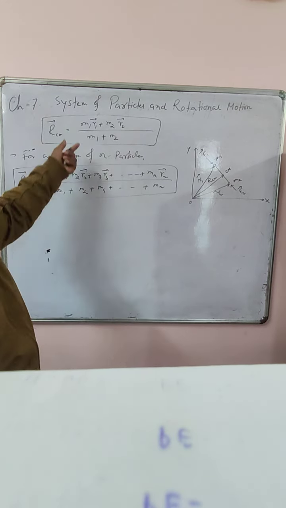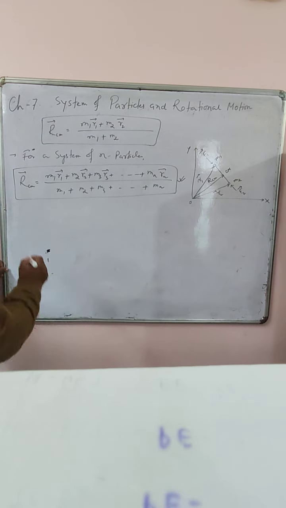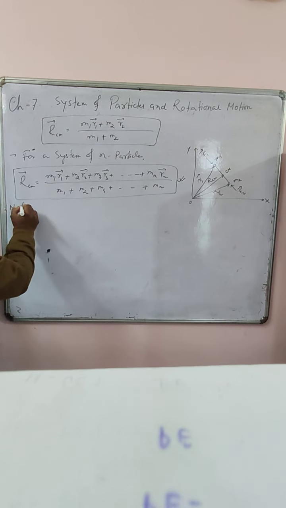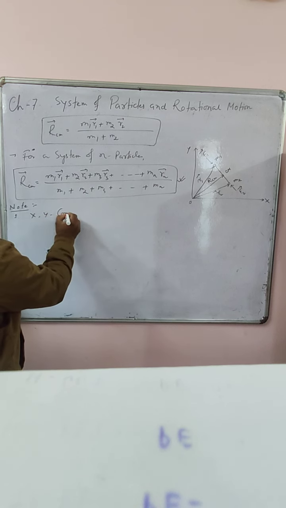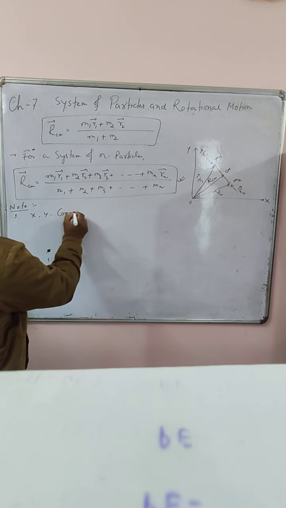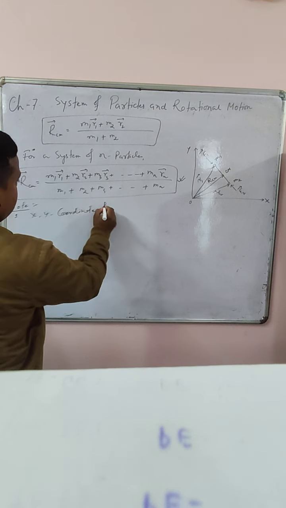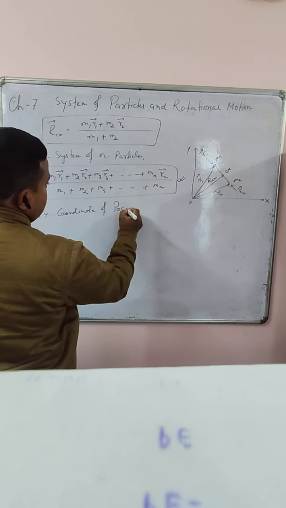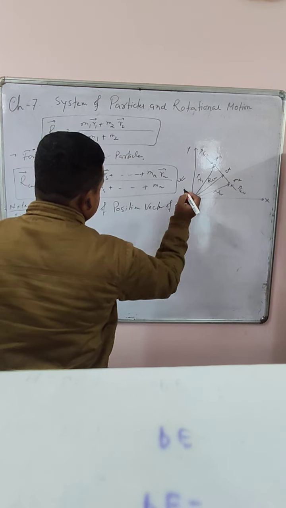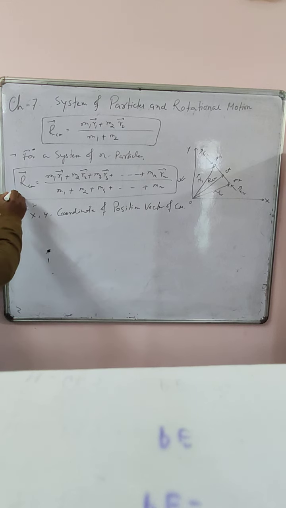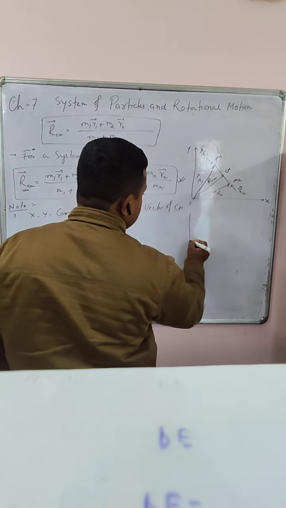So these are position vectors. Now from here we can derive some relations. First of all, you see the xy coordinates of the position vector of center of mass. Because r is the position vector, we can write it in terms of coordinates.